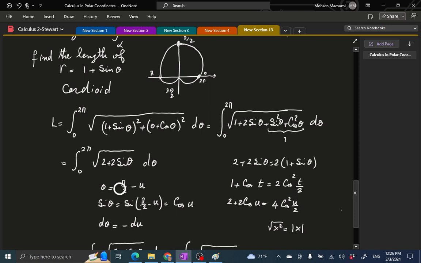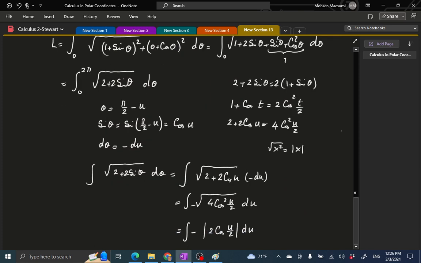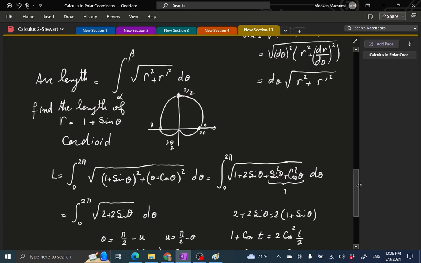How is my u going to behave? My u is, of course, pi half minus theta. Let me write it in red maybe.